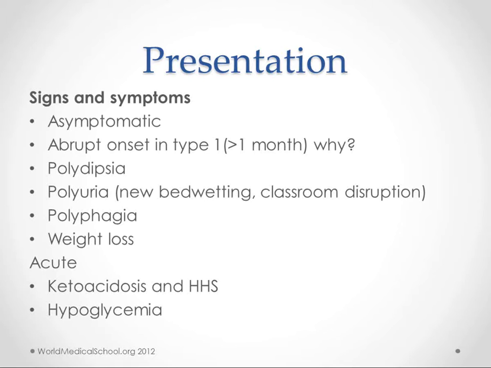The acute symptoms that a lot of kids still present with are ketoacidosis, and in type 2 diabetes, HHS, which is hyperglycemic... Oh no, I can't remember what it stands for. Anyway, this HHS is a hyperosmolar hyperglycemic syndrome, maybe.